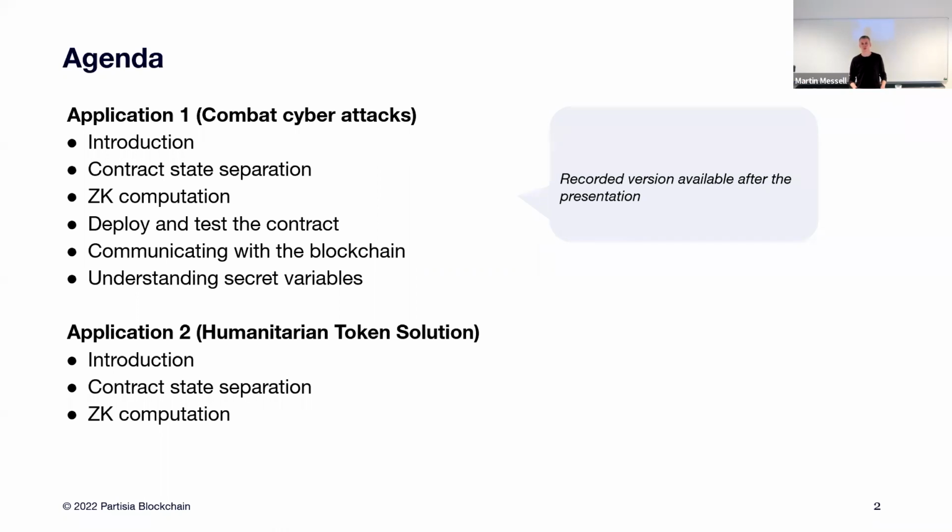And then I will go through some general things when you build applications, which is both how you deploy and test the contract and how you communicate with the blockchain from your front end. And then I have a short slide, which just is there to provide a better understanding of secret variables in the smart contract.